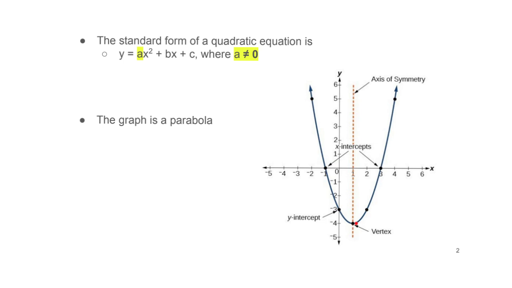That's where it touches. The axis of symmetry is kind of related to the vertex. So this is the axis of symmetry. The axis of symmetry is an imaginary line that cuts this parabola into 2 equal parts, this side and this side. The axis of symmetry actually runs right through the vertex of the shape.